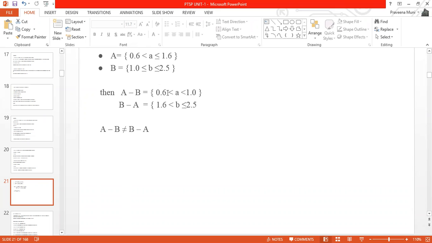It is from 0.6 to 1. Understood? What is B minus A? Elements of B which are not present in A. A will end at 1.6, no? So B minus A is from 1.6 to 2.5. Understood? Any doubts here? No, ma'am.